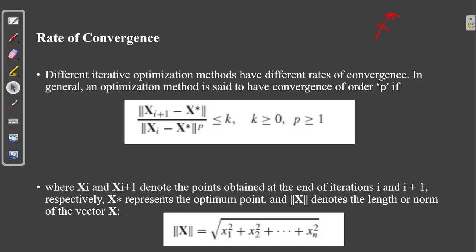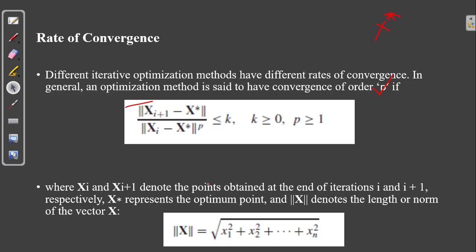In general, an optimization method is said to have convergence of order p if norm of x i plus 1 minus x star divided by norm of x i minus x optimum to the power p is less than or equal to k, where k is a small positive value, k greater than or equal to 0, for p greater than or equal to 1.